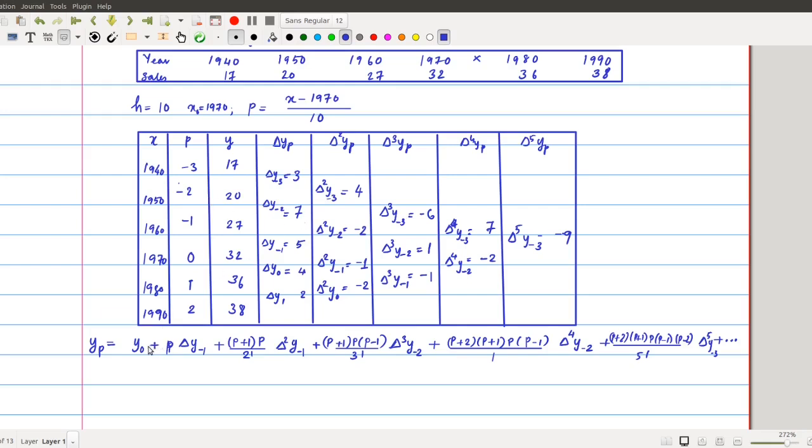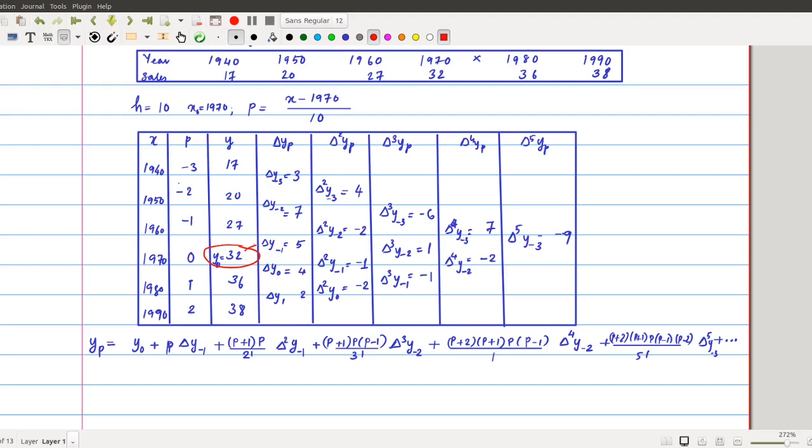So first we need y naught. So this is our y naught. Sorry, x naught is 1970, then this y naught is 32. So first we want this number 32. So this is our first number required for the formula, and p times delta y minus 1.